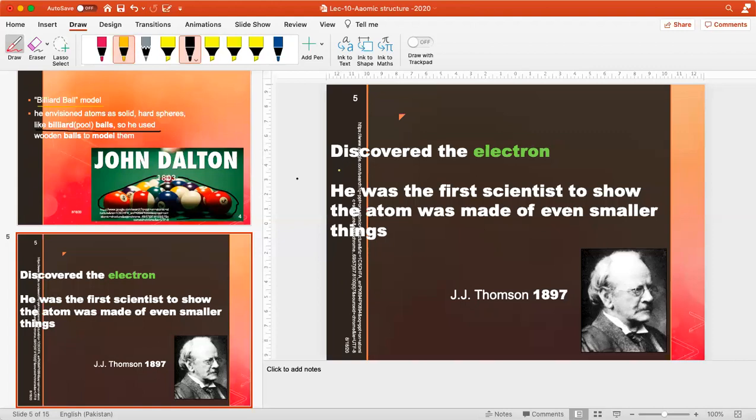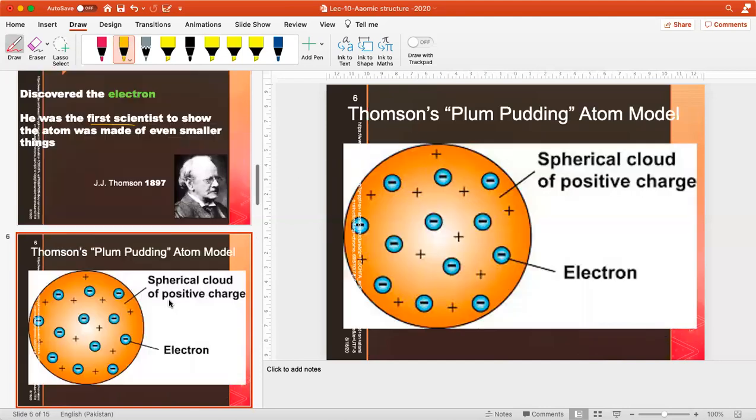He was the first scientist to show that the atom was made of even smaller things. Now, the atom is a whole, but he was predicting that inside the atom, there are still some other smaller particles. So J.J. Thomson, timeline 1897, was the first who discovered the electron.